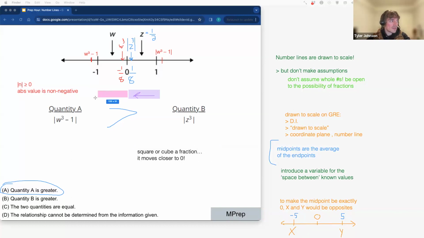If you start with a negative fraction, it's going to move further right, but it's still towards 0. And one other complication is if we were doing an even power, if w is negative, then w squared becomes positive, but it's still closer to 0 than w to the first power was.